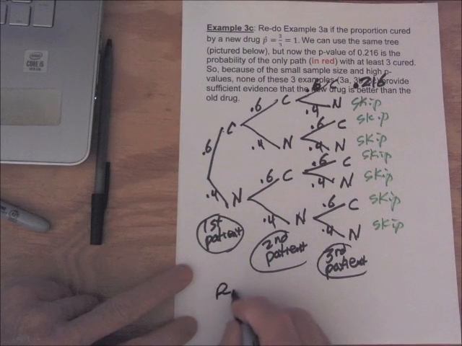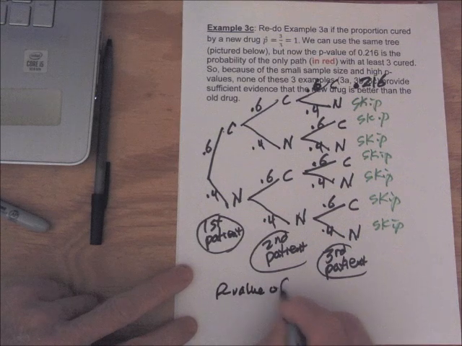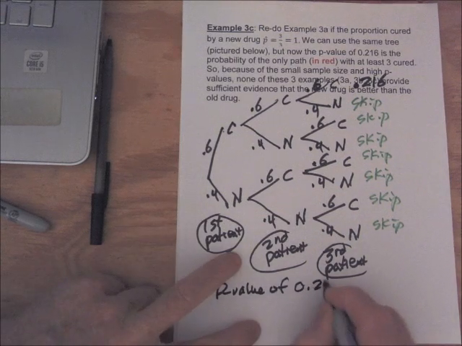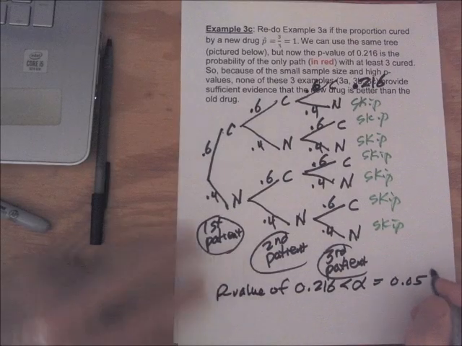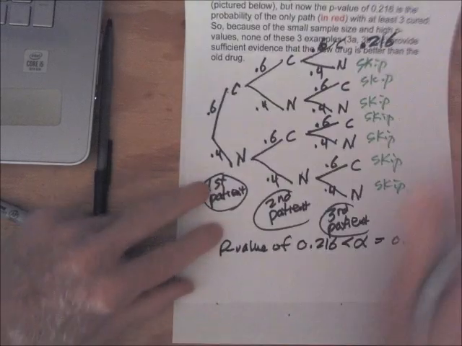The p-value of 0.216 is greater than alpha, which is 0.05, and so we again fail to reject H naught.